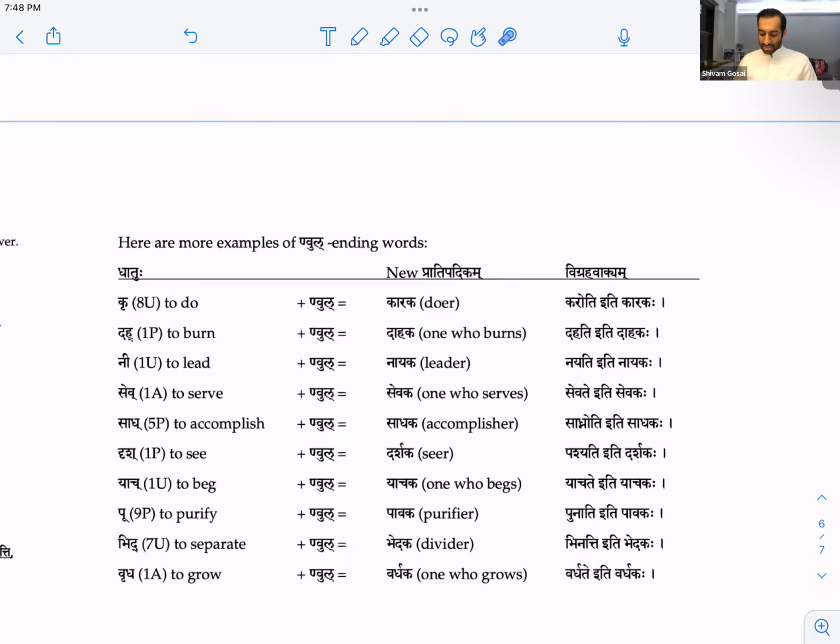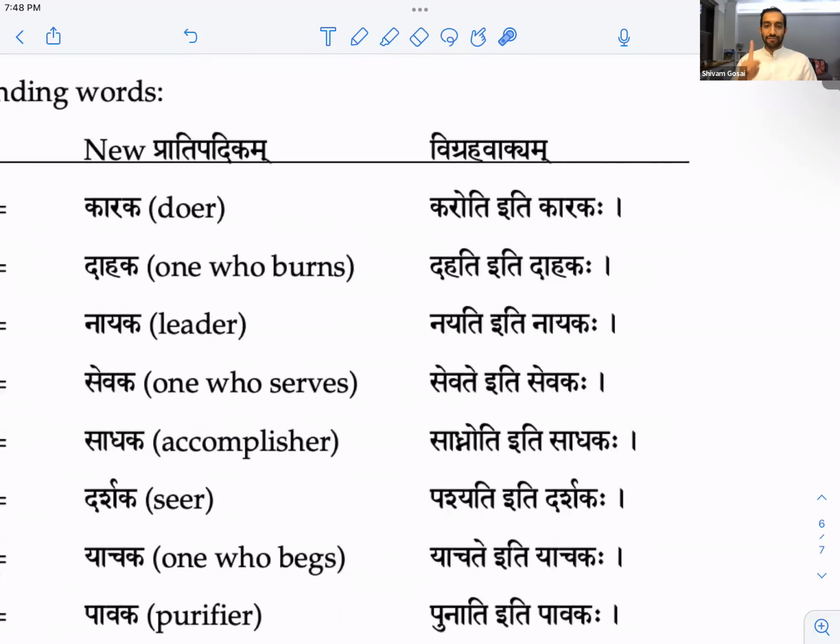So I would say dahati iti dahakaha, first case first, and I would say tebhyaha dahakebhyaha. Or we can start with first case plural: dahanti iti dahakaha, and then tebhyaha dahakebhyaha.